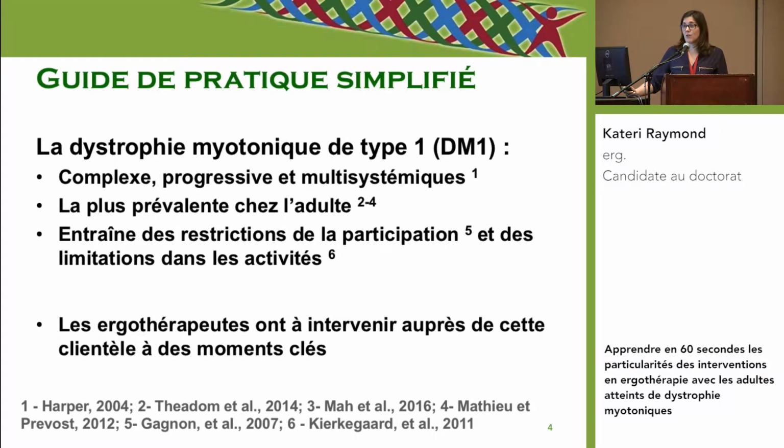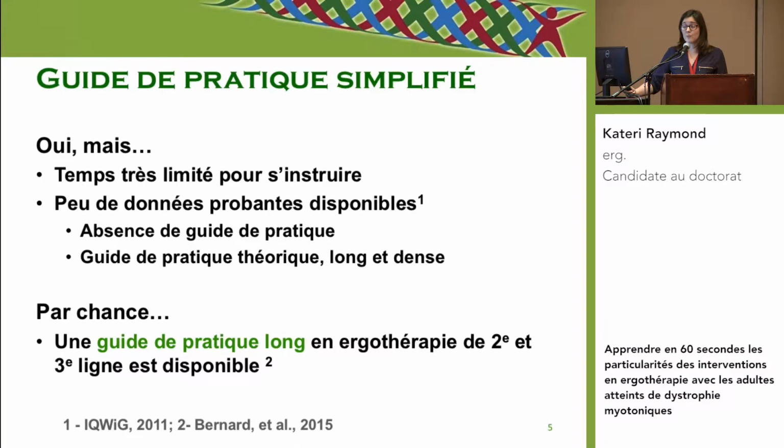This is why the frontline stakeholders need a practical guide, but you can't find such guides easily. It's difficult to adopt a practice that's evidence-based, especially in frontline, but also for all the other lines, obviously, because of course we don't have a lot of time to get information on a disease which is quite specific.